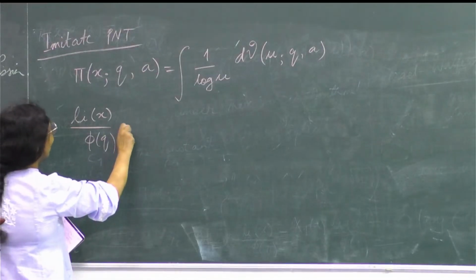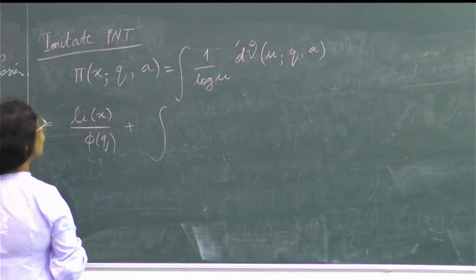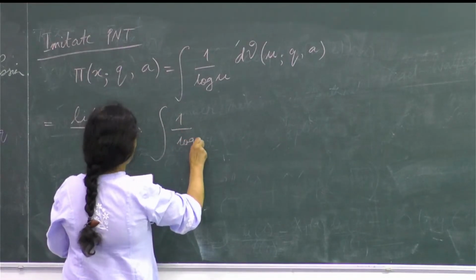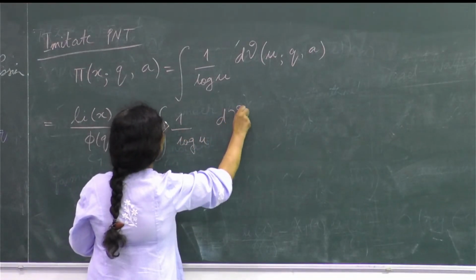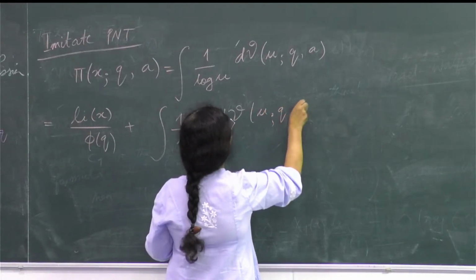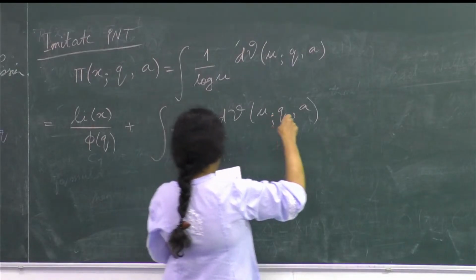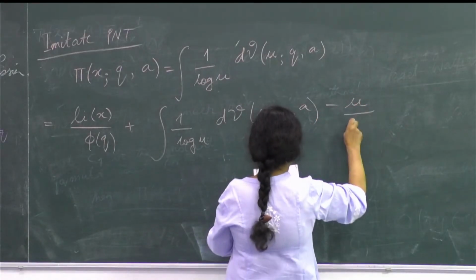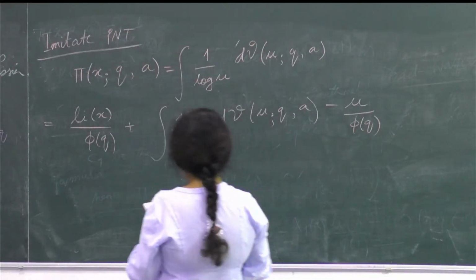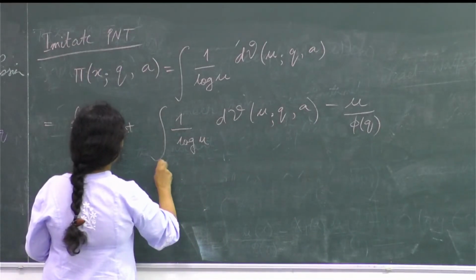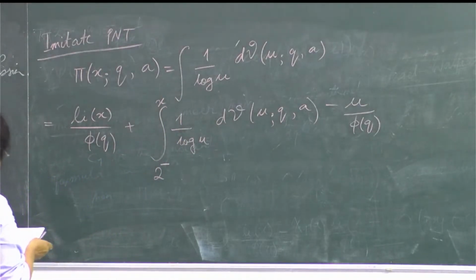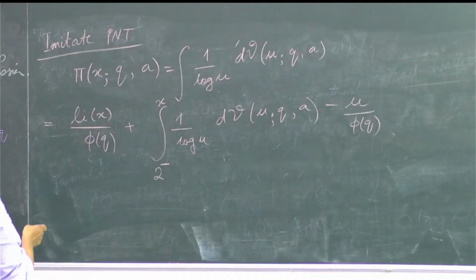And then you have another integral, which is 1 by log u d of theta of u, q, a minus u by phi of q, and this goes between 2 and x. Okay. Now integrate by parts.